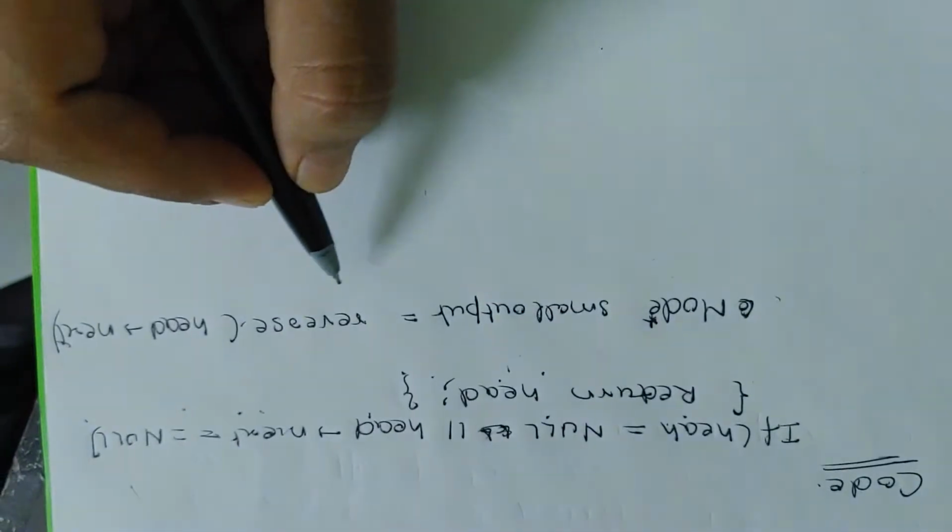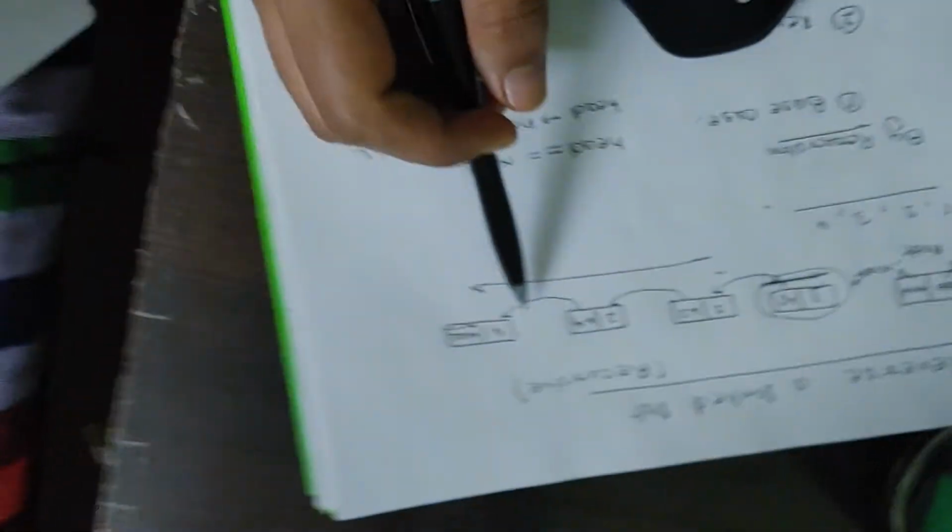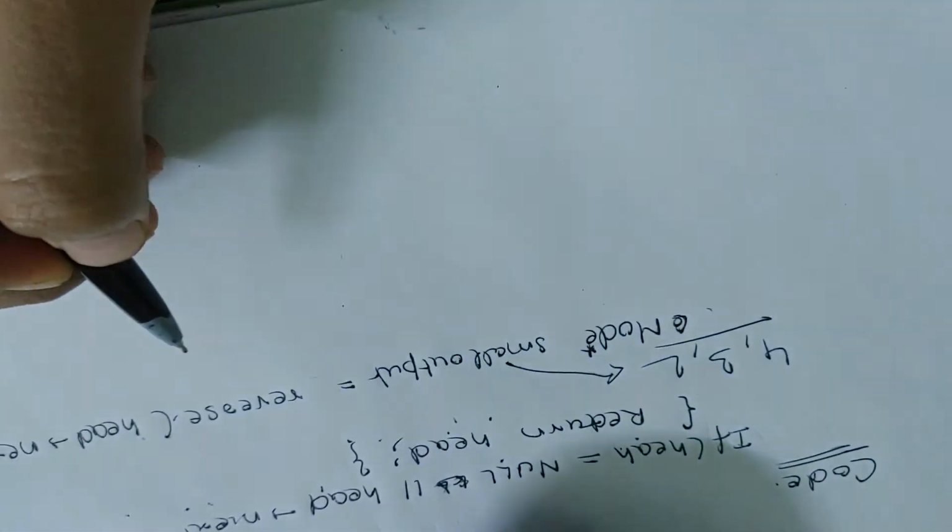So we are expecting that the recursion will give the answer for everything other than the first element. So we are expecting that the small head will contain 4 3 and 2. Get my point?